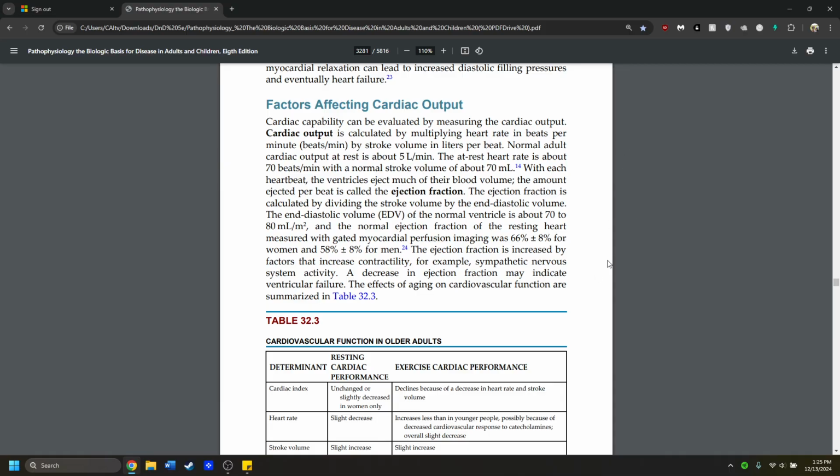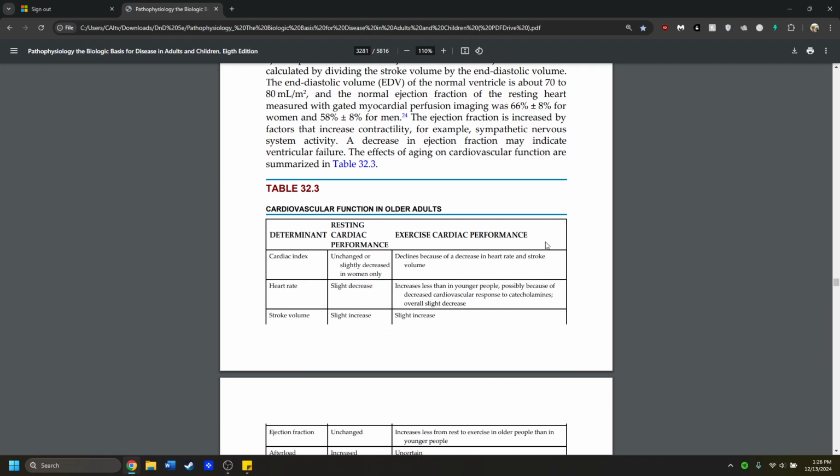So I think today's studies say that an ejection fraction of 60 to 65% is considered normal, but it can be as high as 65 to 70%. And I believe it is the same for men and women. These numbers are, I think, a little older because this book is from 2018, so please keep that in mind.